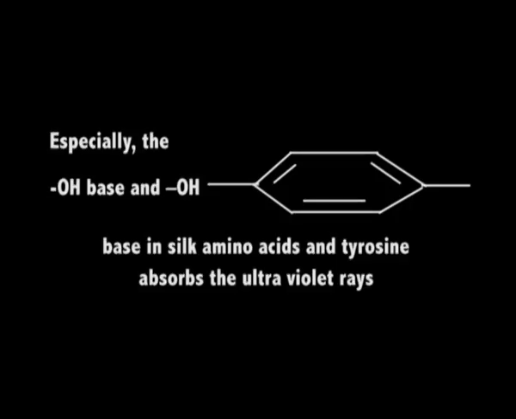Silk fabric absorbs UV rays more easily than any other cloths do, especially the OH base in silk amino acids and tyrosine contained in the silk yarn fibroin, which easily absorb the ultraviolet rays, resulting in oxidation and disintegration. It is therefore necessary to avoid exposure to sunlight while processing as well as transporting.